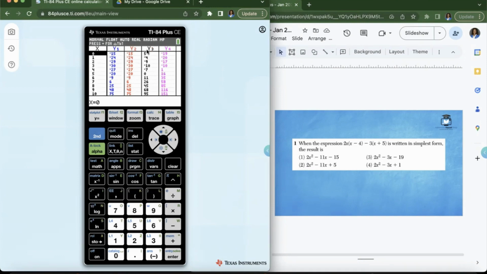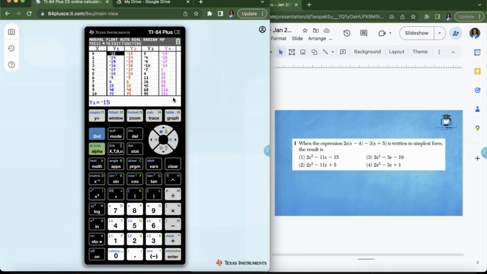Let's look at Y3. That does not look like Y1 at all, right? This is a 5, this is negative 15, this is a negative 4, that's negative 24. Y4 doesn't look like Y1 at all. And so you want to just take a look at all 4 columns to see which one resembles Y1 precisely. I mean, every last number should be exactly the same. So if you take a look at Y5, that also looks different.